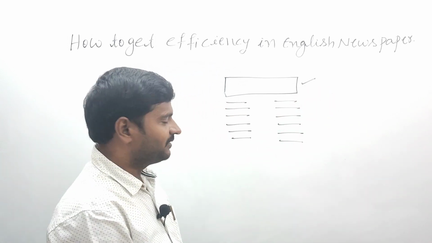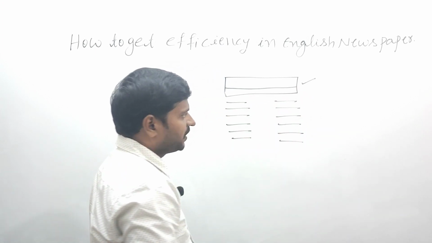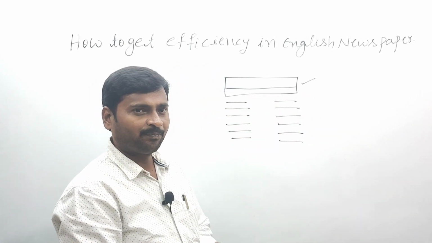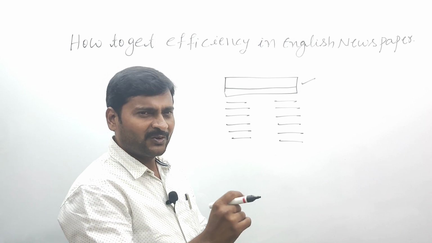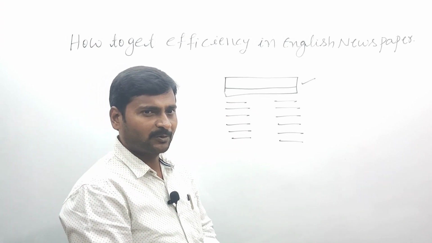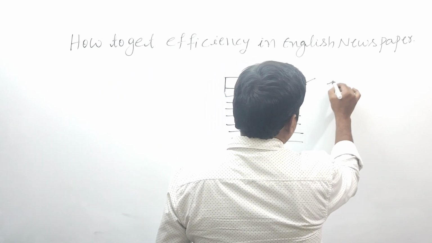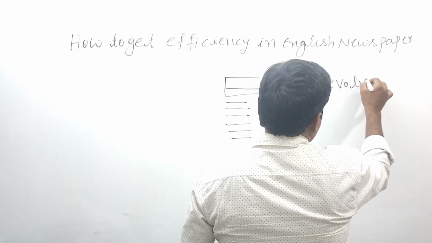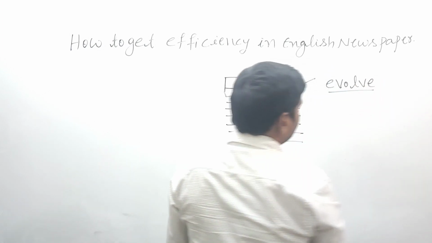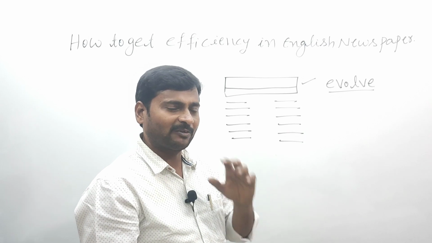Just read the complete heading. For example, you don't understand something in the heading, say one word, evolve. In the heading you come across this word evolve.